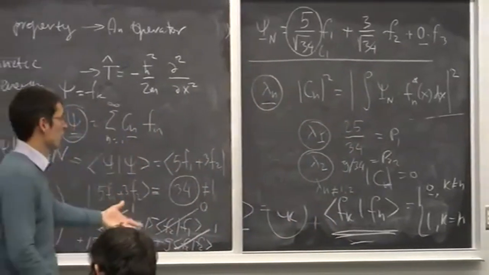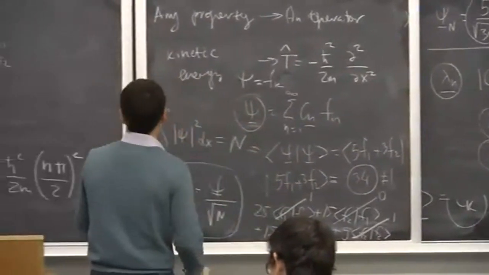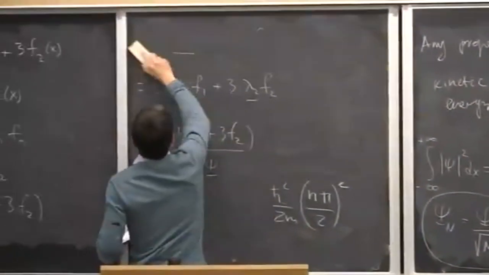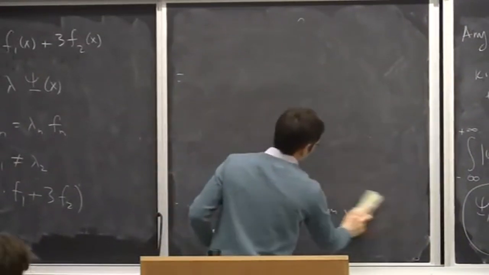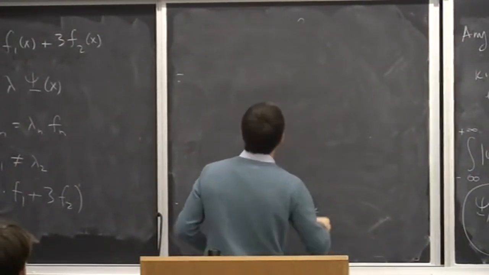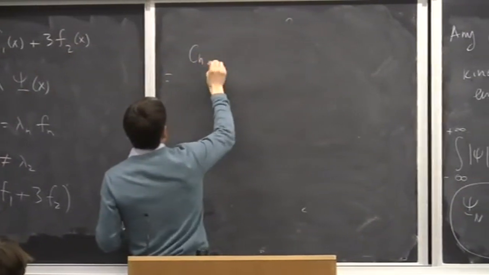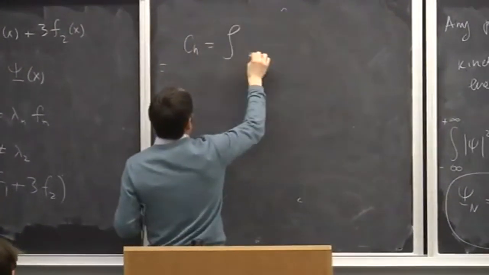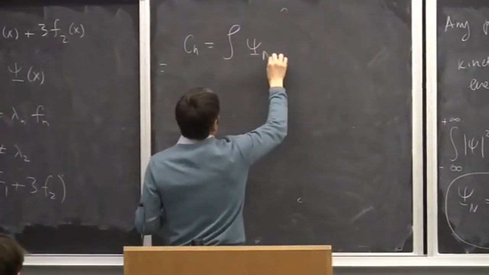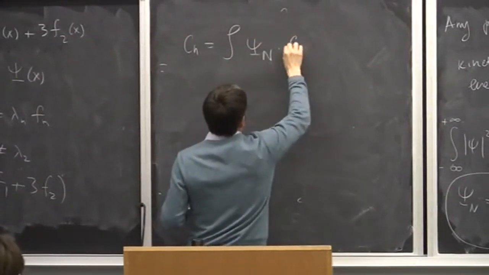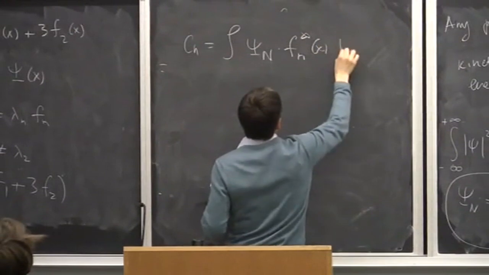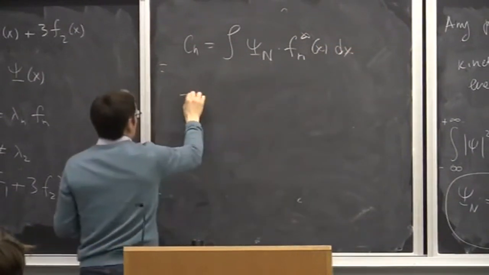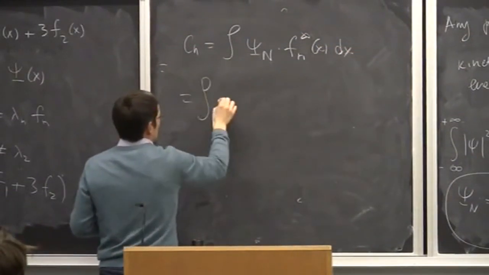You can of course go through the formal derivation, and it will give you exactly the same answer. The formal derivation would be the following. In order to find Cn, this is the integral of psi times Fn star of x.